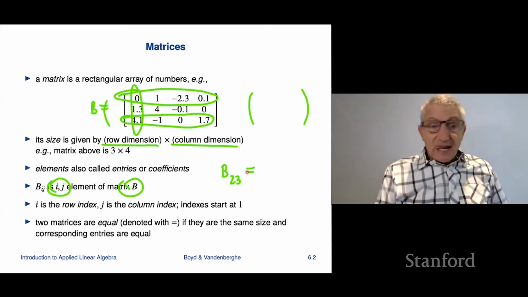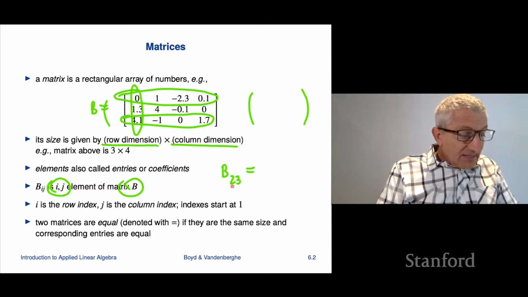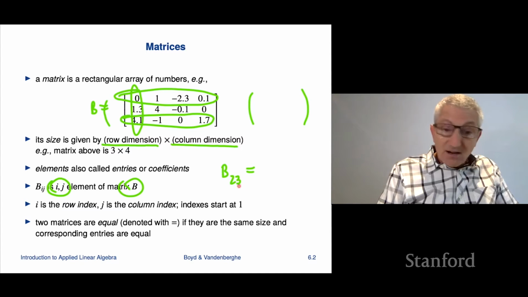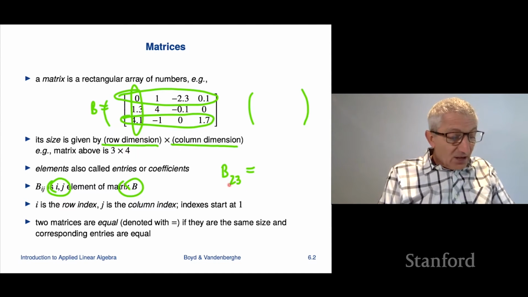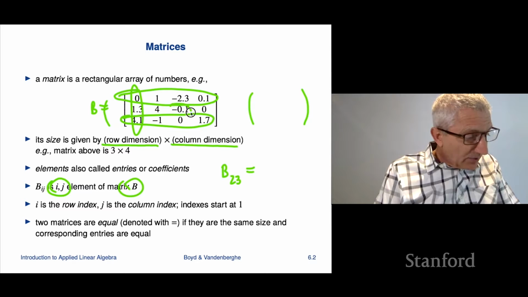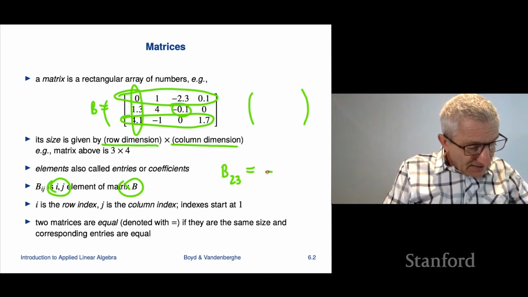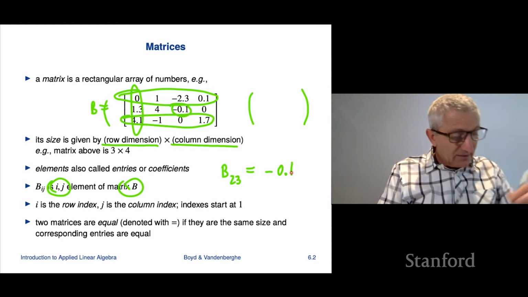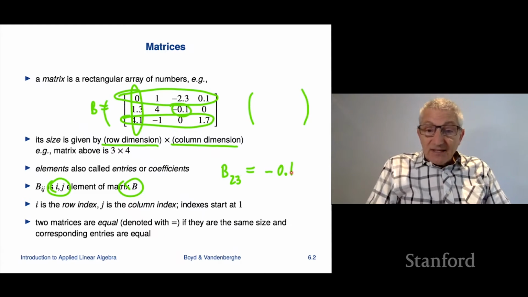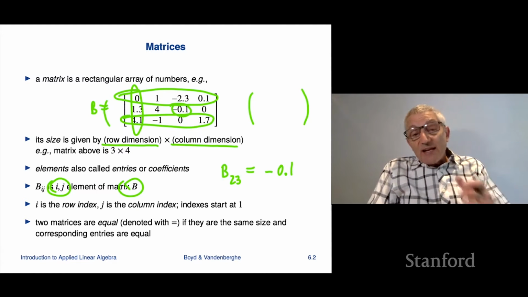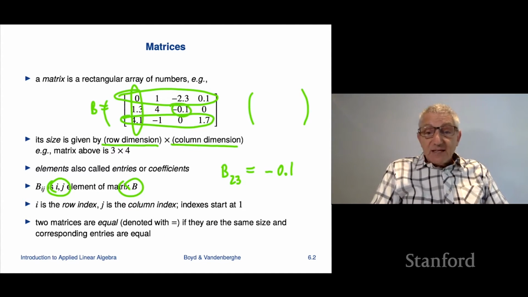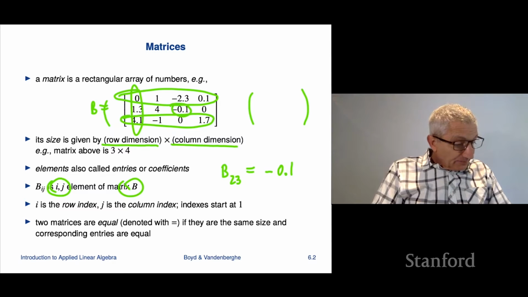Well, let's take a look. The 2 is the row index, okay? And the second is the column index. So we go to the second row and the third column, and we get this number right here. And so this is minus 0.1. There you go. So the 2,3 entry of B is minus 0.1.